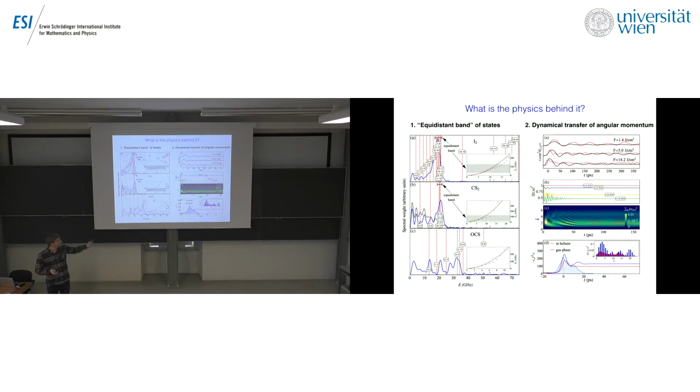You also need to populate them, as opposed to levels higher or lower. You need to somehow confine your population there. And that's what happens due to the picosecond transfer of angular momentum between helium and the molecule. Here we see the different populations. It takes place on a time scale of about 10 picoseconds, and this is sufficient to observe these oscillations.